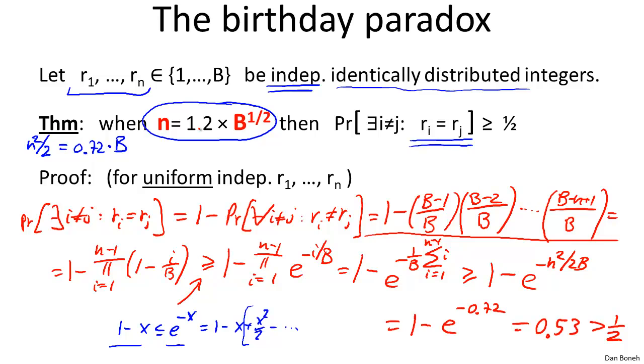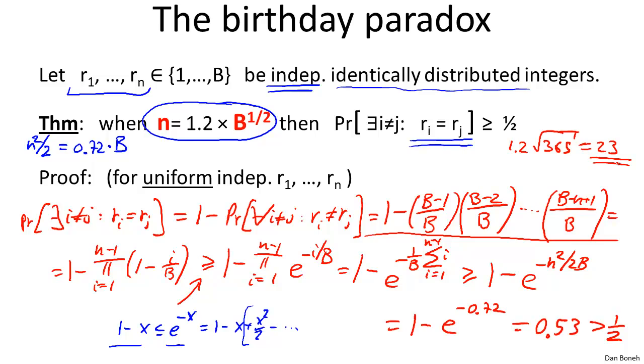Then what the birthday paradox says is that we need roughly 1.2 times square root of 365, which I believe is something like 23. This says we need roughly 23 people in a room, and then with probability 1/2, 2 of them will actually have the same birthday. The reason it's called a paradox is because the number 23 seems really small to people, and yet by this theorem that we just proved, with probability 1/2, there will be 2 people with the same birthday.